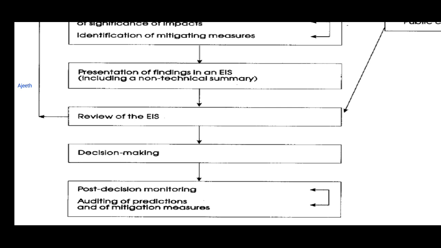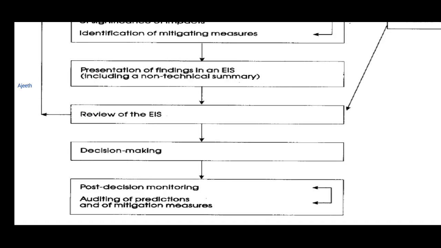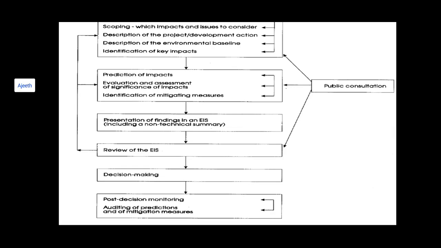After that review, there is decision making on whether that project can be done or not, whether the findings are proper or not. After that, we have our post-decision monitoring and auditing, and prediction and mitigation measures. So if there is an impact, what can be done to decrease it? What are the alternative ways with which we can decrease the impact?